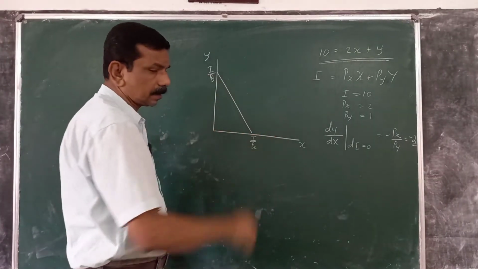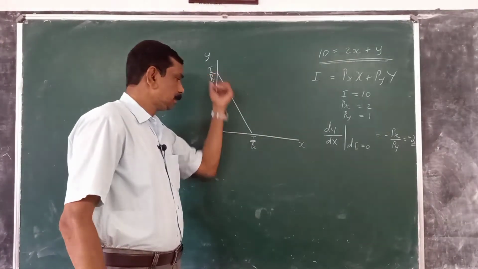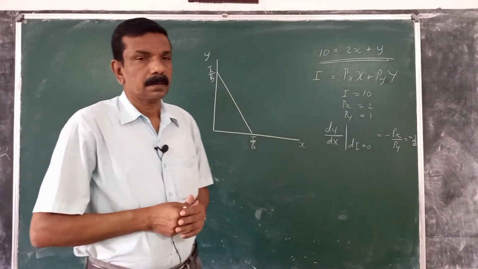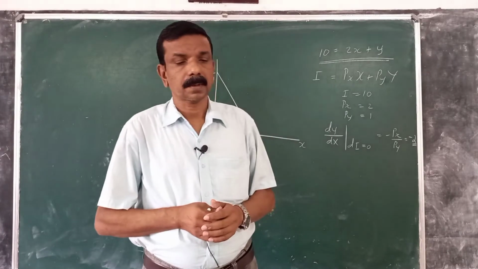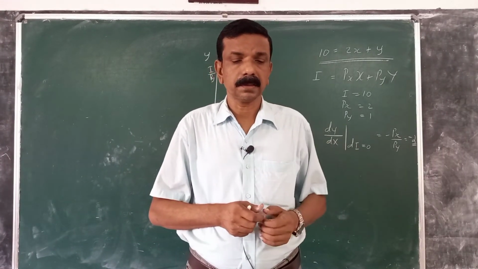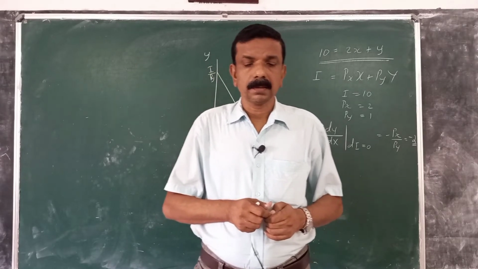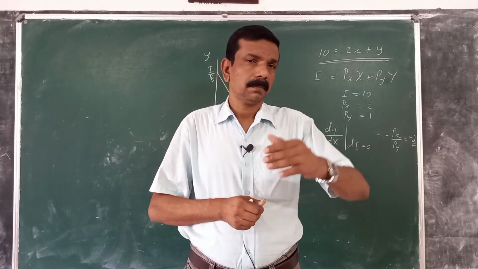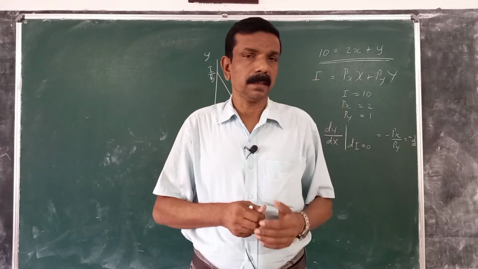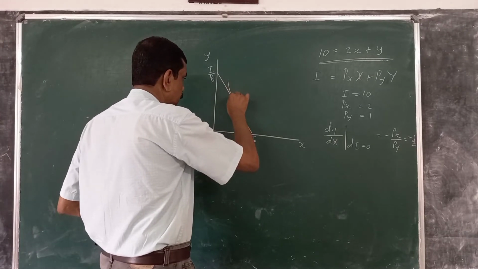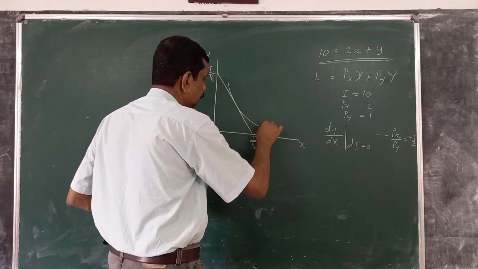Using the numerical example, this value is 10 and this value is 5, the budget line. The x-intercept is 5, the y-intercept is 10. The consumer maximizes his utility by consuming a commodity bundle where the budget line is tangent to the indifference curve U1.